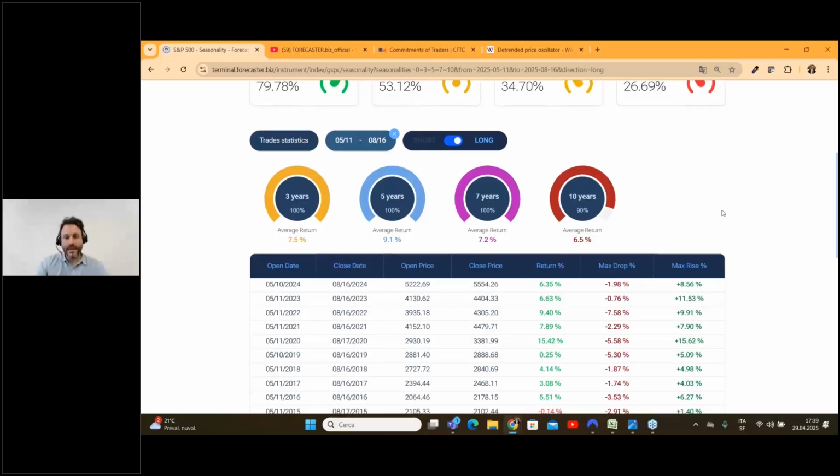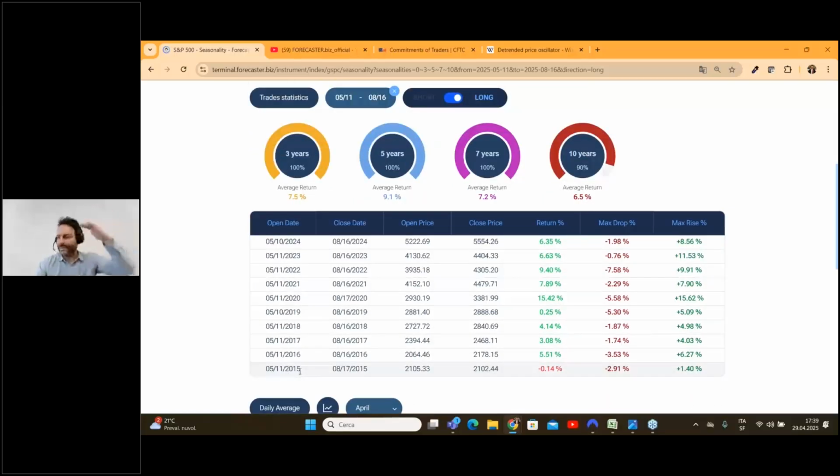And look, just below the statistics, we added all the single years divided. The only year where we had a negative return is 2015, and the negative performance is only minus 0.14%, which is actually not really negative, because it's a very low negative performance.